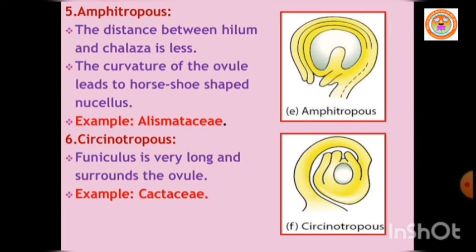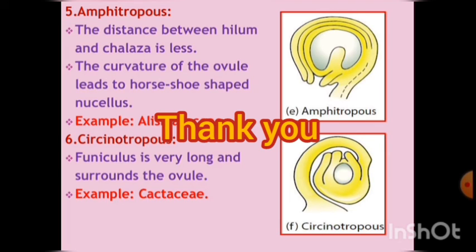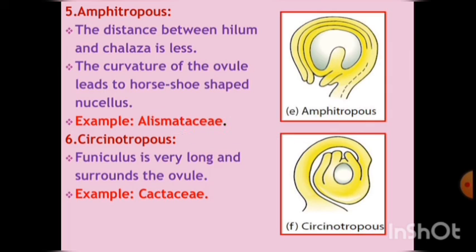So let us get back to the class, children. In this session, we discussed different types of ovule, which are classified into 6 main types based on the orientation, form, and the position of the micropyle, funicle, and chalaza. What are the 6 types?